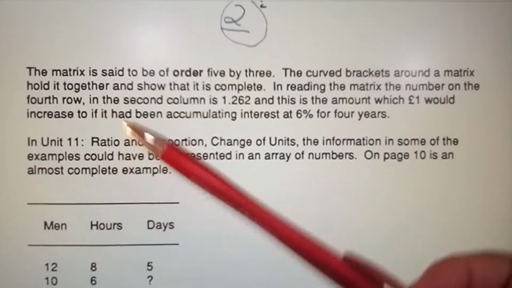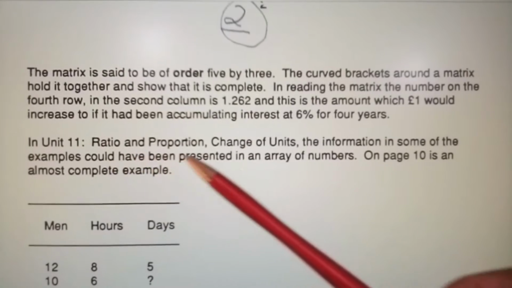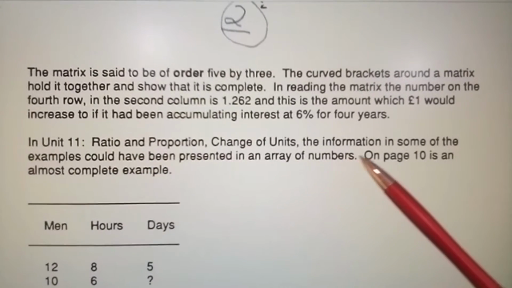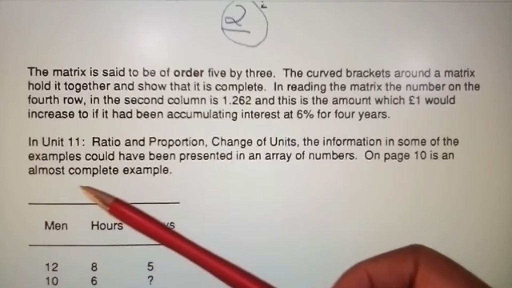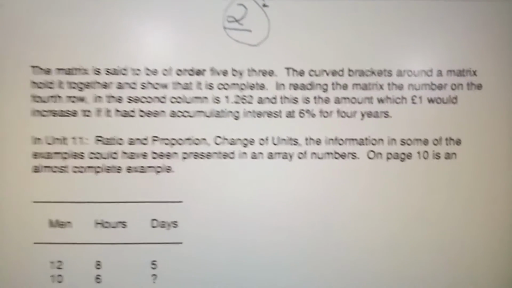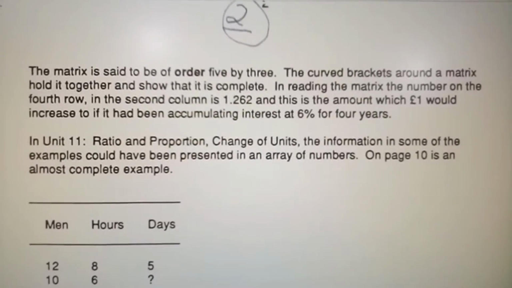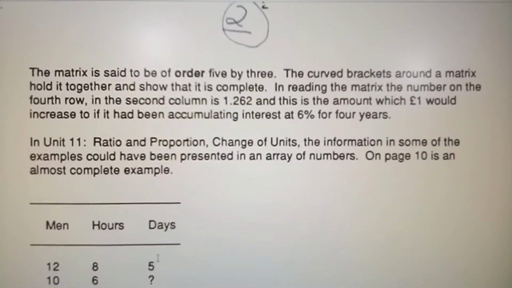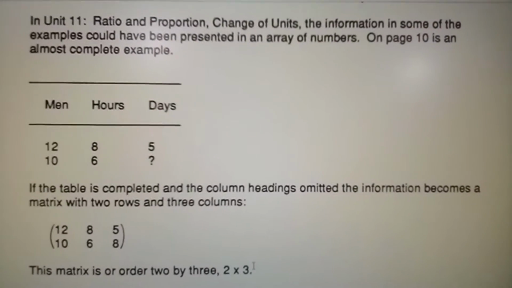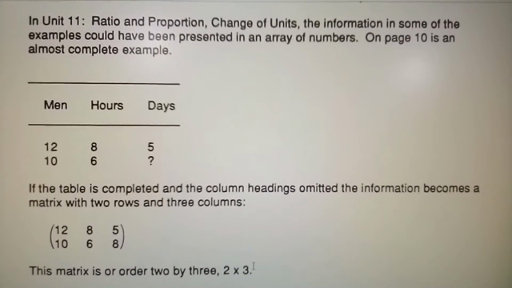In Unit 11, again as a point of reference only, ratio and proportion, change of units, the information in some of the examples could have been presented in an array of numbers. All we're doing here is showing you how the information could have been presented: men, hours, days, etc. If the table is completed and the column headings omitted, it becomes a matrix with 2 rows and 3 columns.